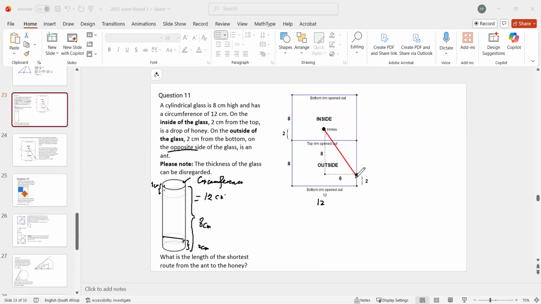So now, really, this part here is vertically above, and here this is the diameter. So it's halfway. When you take half the circumference, you have to go to half the circumference. This is 6, right?